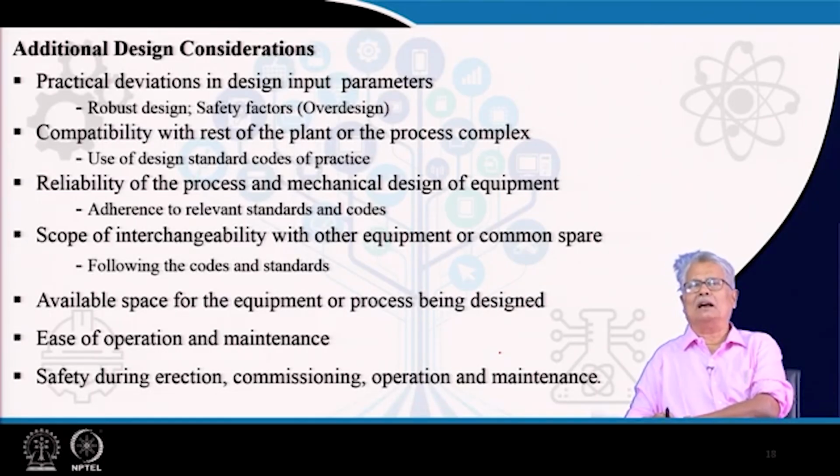When we are talking about additional design considerations, one of the major things is the compatibility with the rest of the plant. That means, if part of the plant has been designed as per the ASME code, it is desirable that whatever new design that I make should also conform to that in order to make it compatible. The reliability of the process and mechanical designing of equipment definitely is greatly improved if we refer to the relevant standards and codes.